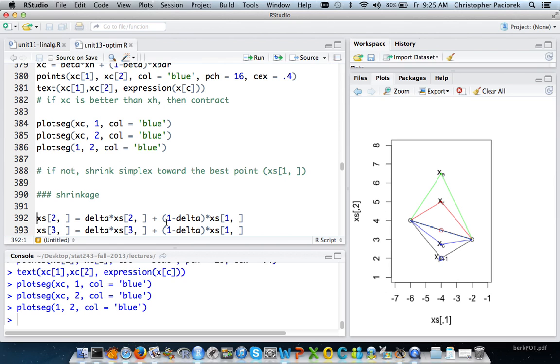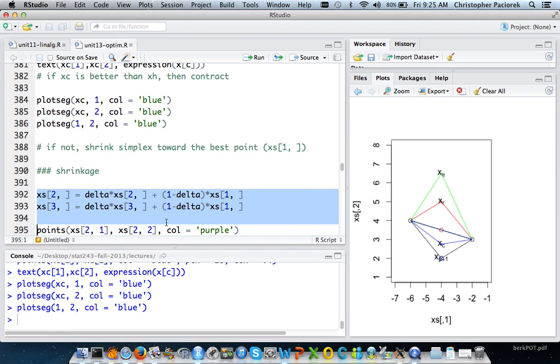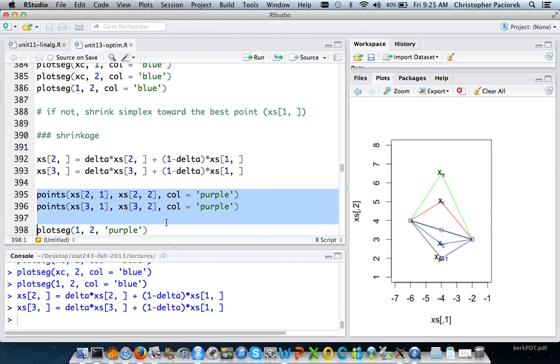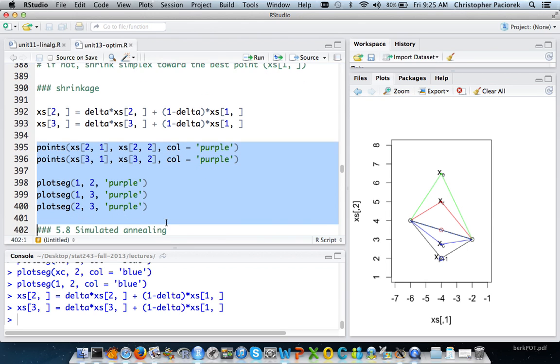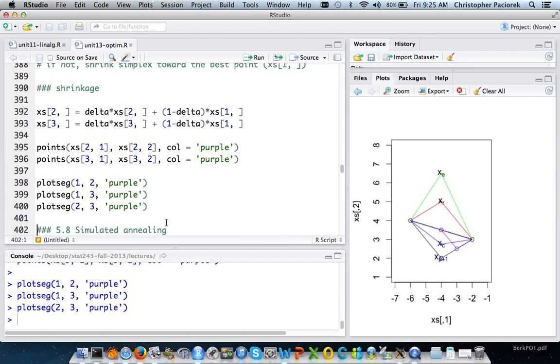So that's basically what the fourth possible move is. There's yet a fourth tuning factor, which is this delta, which says how much shrinkage to do towards that best point. And if we do the shrinkage, then we're going to get something like this, where I'm basically taking the original triangle and contracting it back towards the first point.